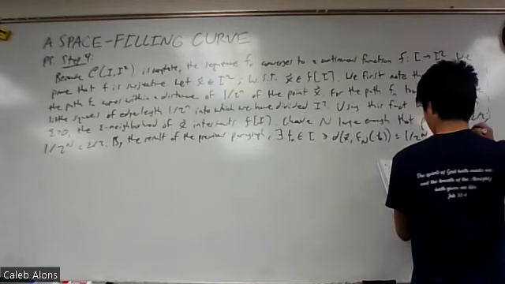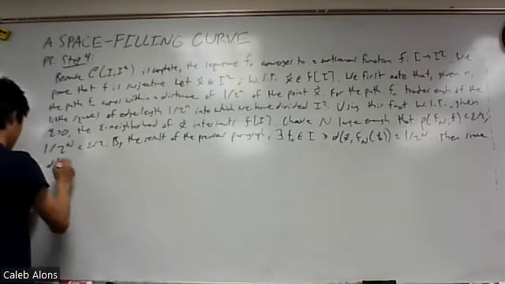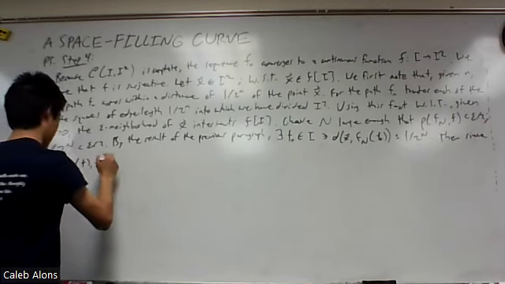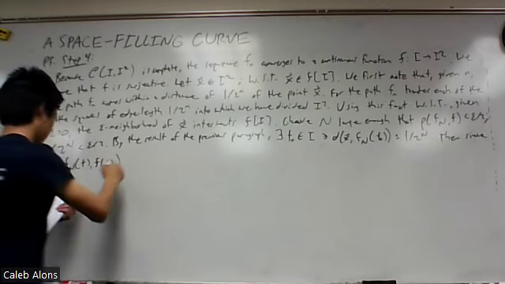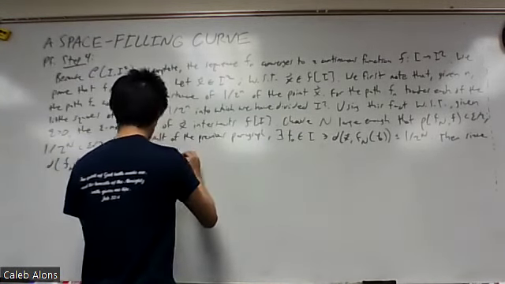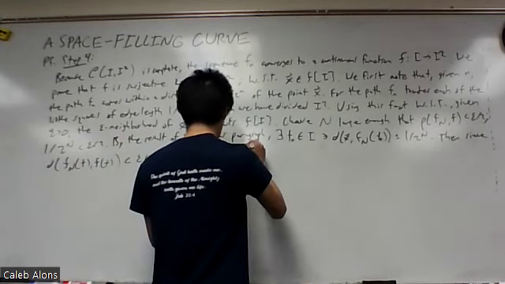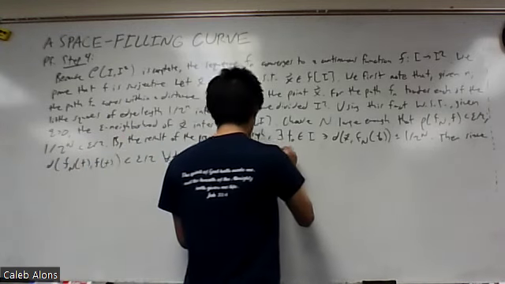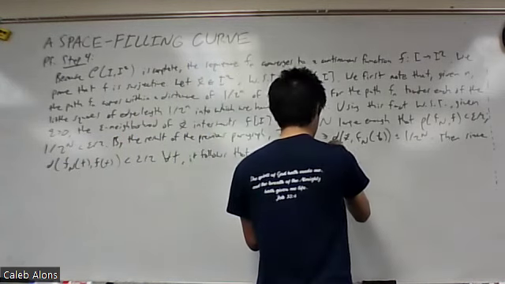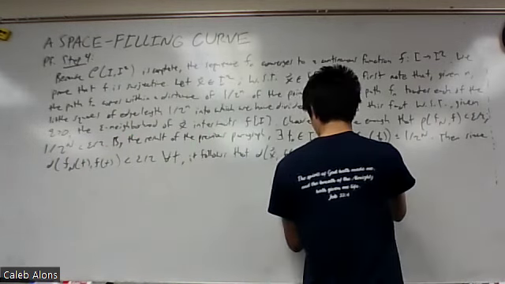Then, since the distance between that and the limit itself is less than epsilon halves for all points t in the interval, it follows that the distance between the point and our f of t naught is going to be less than epsilon, which is what we want.